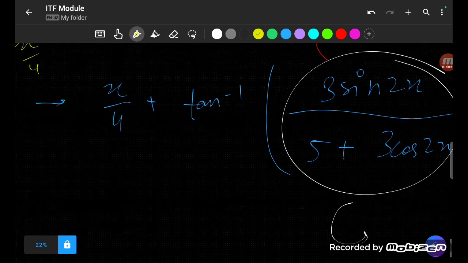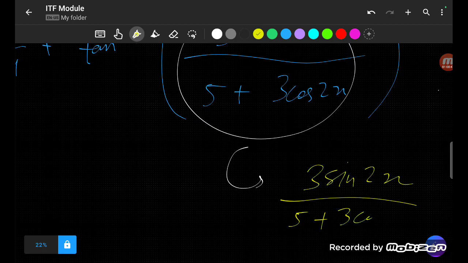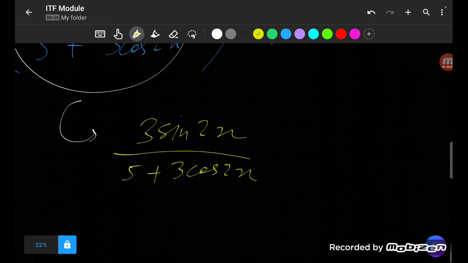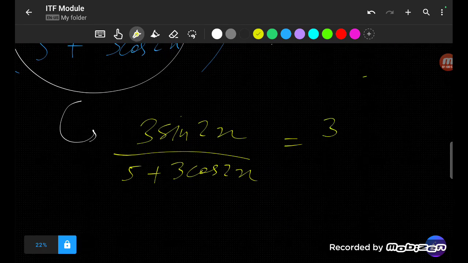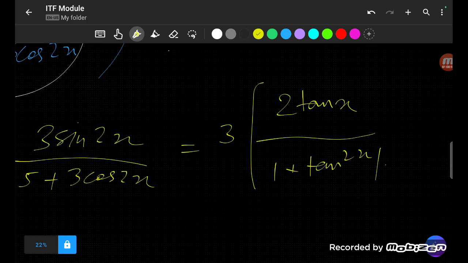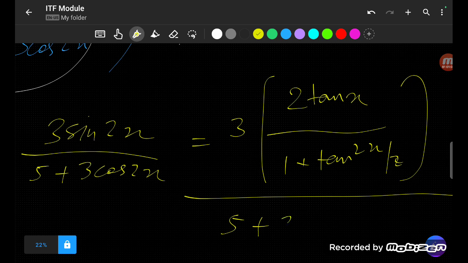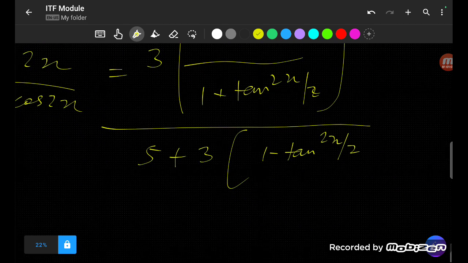It's a bit crazy. 3 sin 2x upon 5 plus 3 cos 2x. 3 into 2 tan x upon this, something like this you could do.